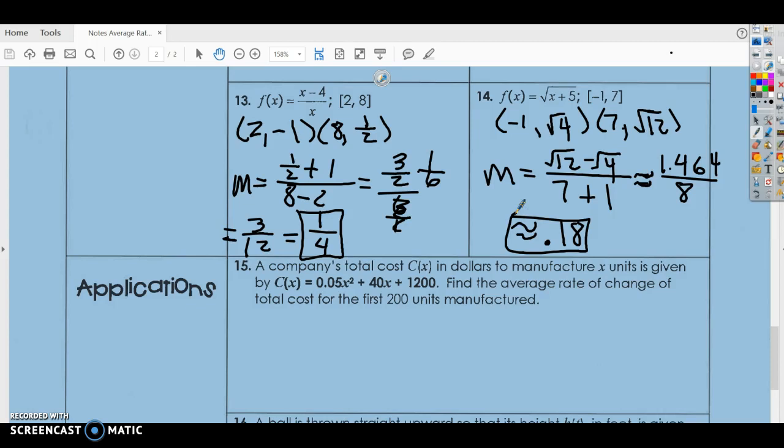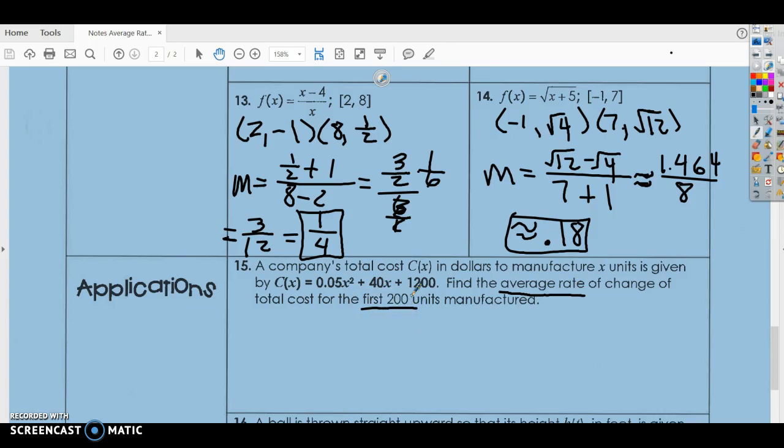Alright, application problems are fun because you've got to figure out what it's talking about. Hopefully it makes real sense to you for an actual real-life type of problem. Alright, so a company's total cost in dollars to manufacture X units is given by this function. Find the average rate of change, so we're doing the exact same thing, of the total cost of the first 200 units.